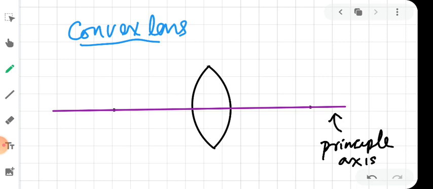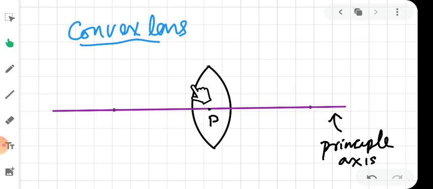It passes through the center of this lens, this convex lens, and the center of the convex lens is the geometric center. Actually, this is the geometric center of the lens, and it's called the pole, and we just call it P.